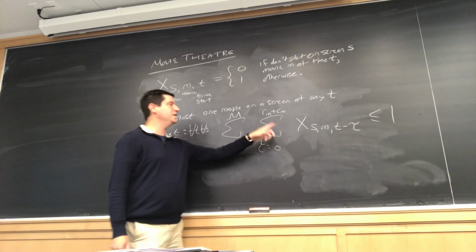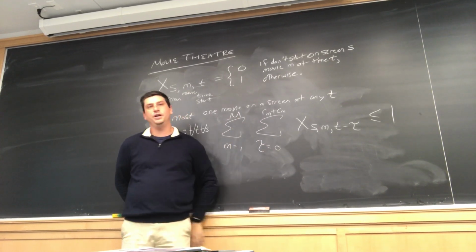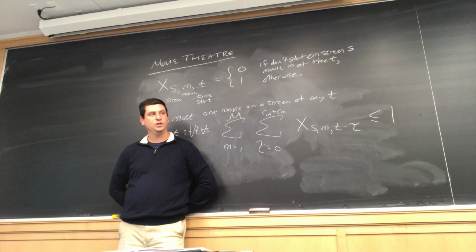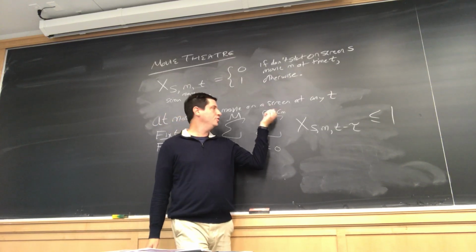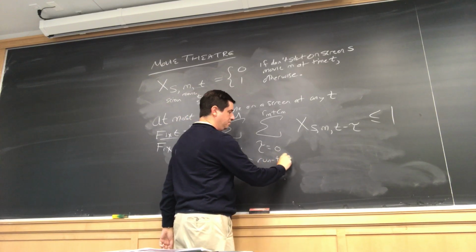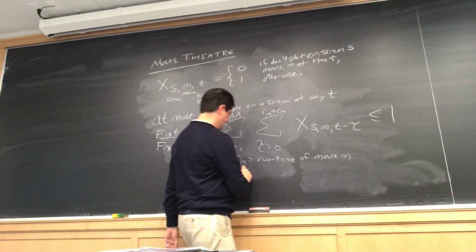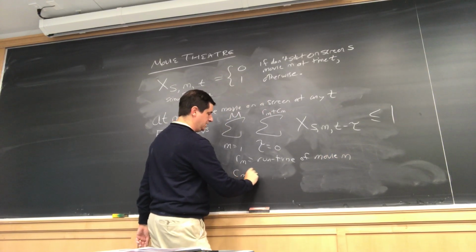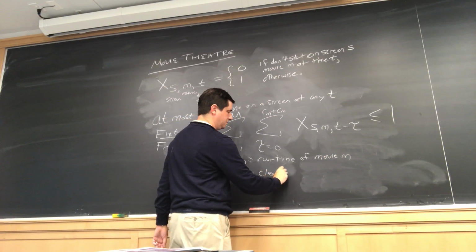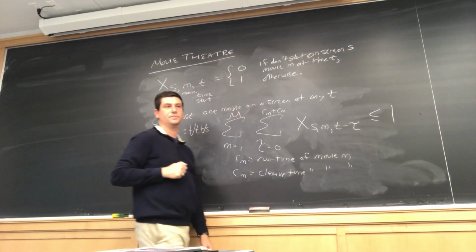And for something like this, it does matter which way we write the sums, because the sum depends on the length of the movie. Would it be easy if all the movies had the same length? Oh yeah, much easier. But this is not a big deal. So, RM is runtime of movie M, and then CM is cleanup time of movie M. These are fine.